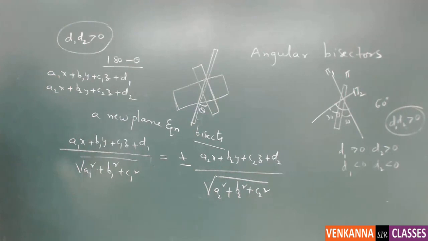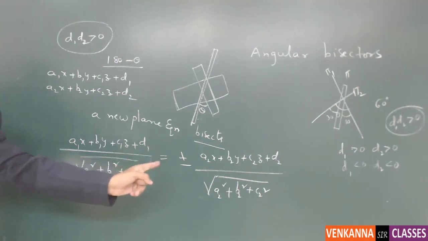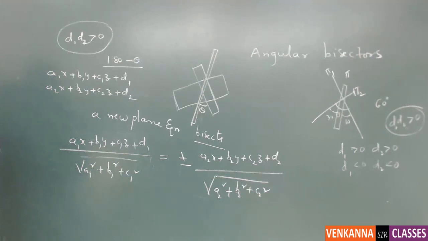And the origin will lie on one of the sides, because you are finding two bisecting planes. Origin will belong to one of the sides. So please understand, whenever we use the plus symbol on the RHS, it will always give the plane containing the origin side. In other words, it bisects the angle which is on the origin side. Please take a note of it.